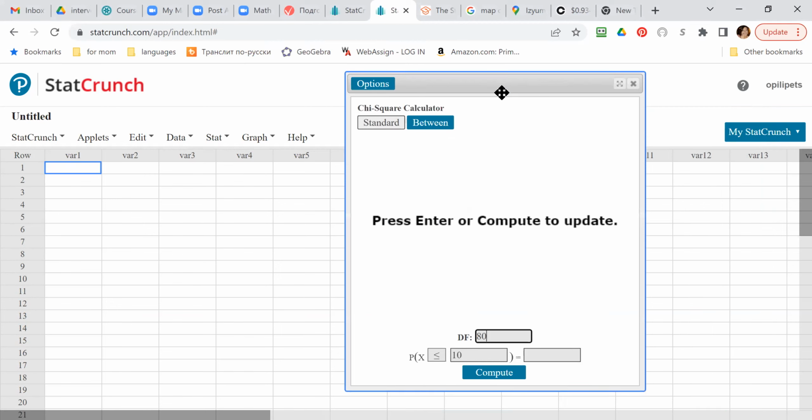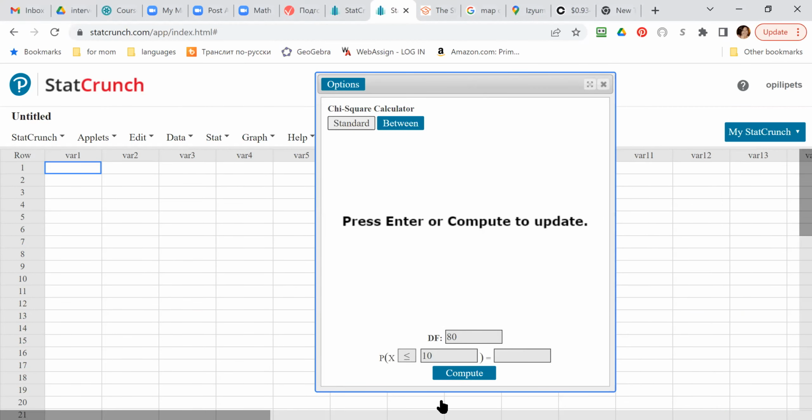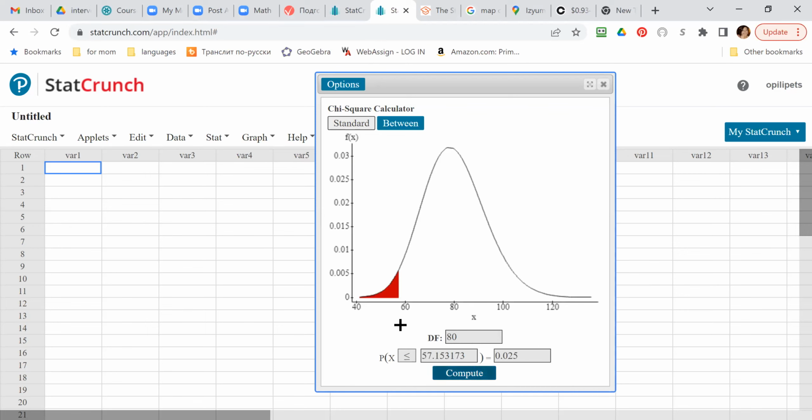All right, and now if we're going to put in 0.025, the area under the curve in the left tail, and that gives us the critical value of 57.153.